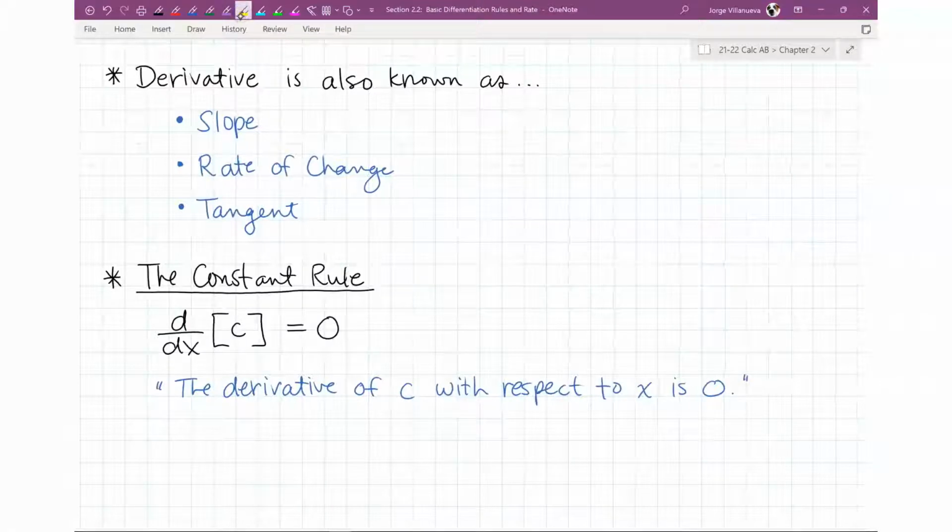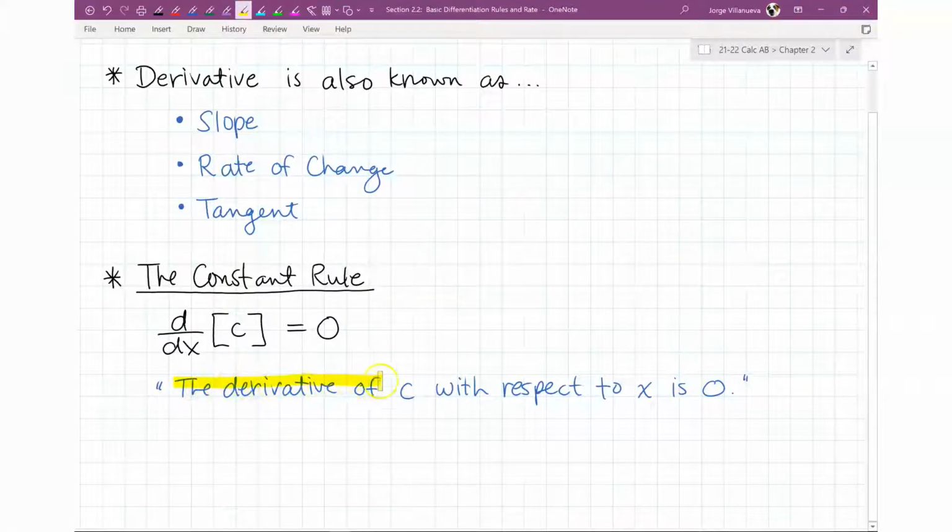So let me highlight some stuff here. The derivative of, that's what that means. C is pretty self-explanatory. With respect to x is 0.